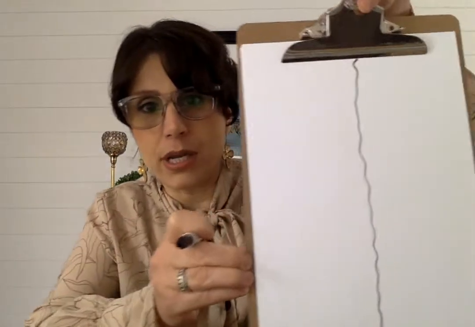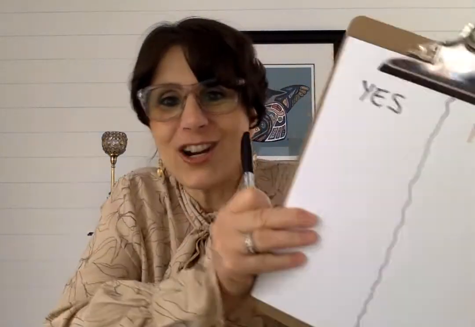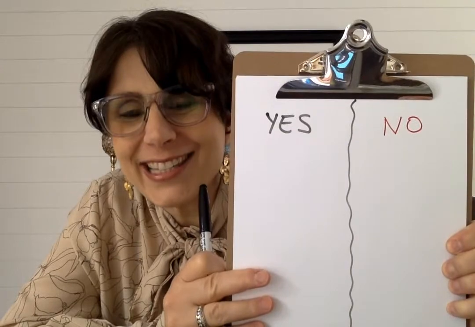Okay, so what I'm going to do for Tommy is draw a squiggly line down this paper here. And on the one side, I'm going to write yes. And on the other side, in red, I'm going to write no. Okay, so we don't have to be fantastic artists to be able to do this.